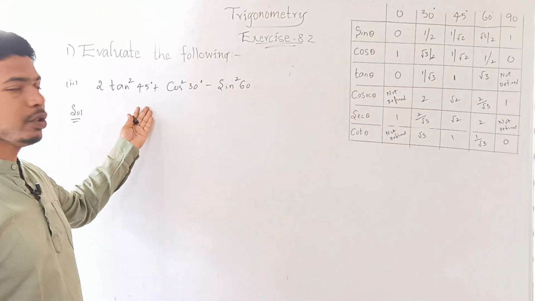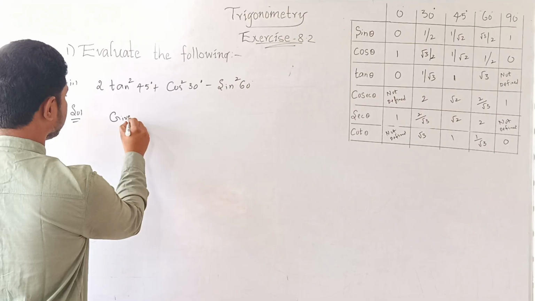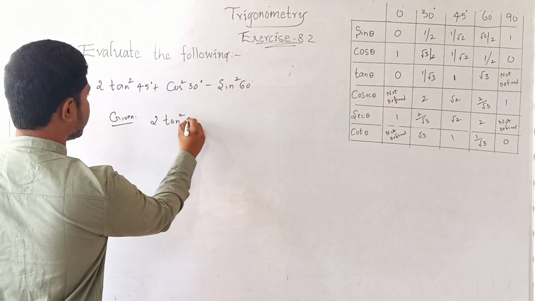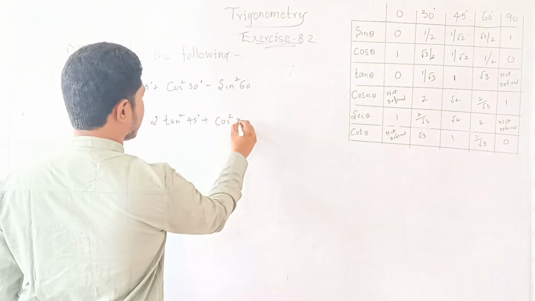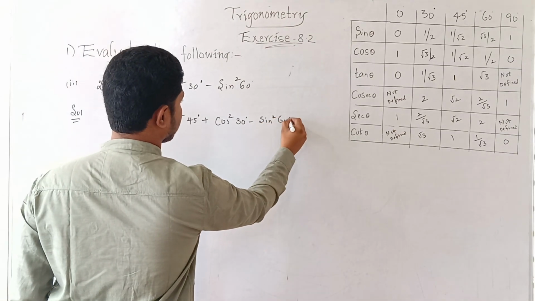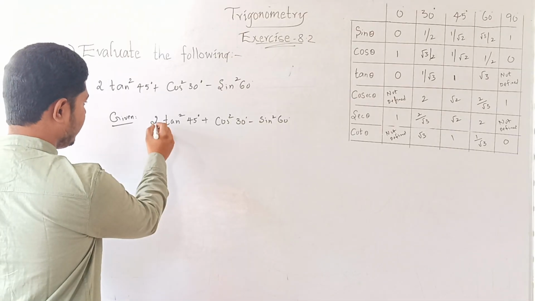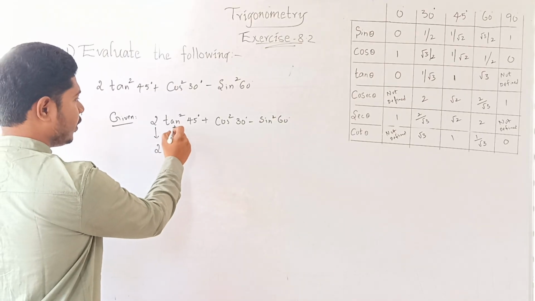And this is the second question, a very simple question. See, given 2 tan square 45 plus cos square 30 minus sin square 60. What is the value? If we simply write these here, what is the value of tan 45?